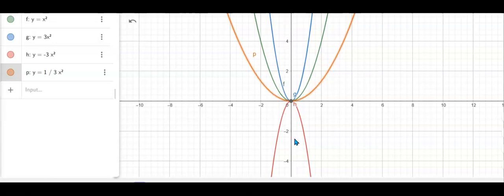That is the axis of symmetry of this new graph. However, compared with the parent function y equals x squared and the blue one, y equals 3x squared, this orange one is further away from the y-axis. What do we call it? We call it a vertical shrink.